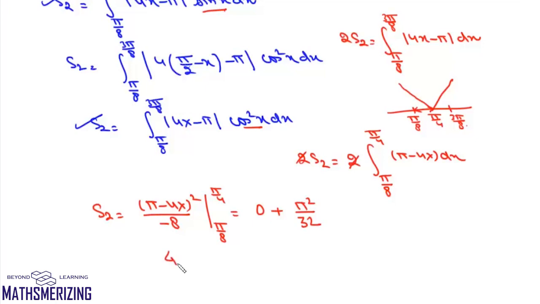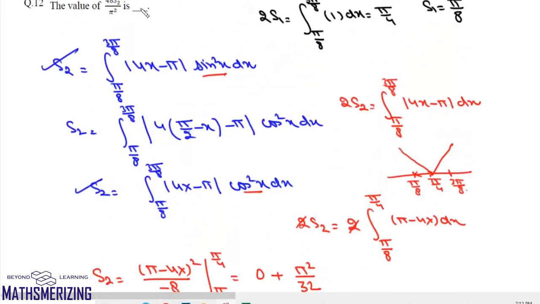So the value of 48 upon pi square times S2 will be 48 upon pi square into pi square by 32. So this is 3 and this is 2. So this value is equal to 3 by 2. So the value of 48 S2 upon pi square is 3 by 2, and that is the answer to this question.